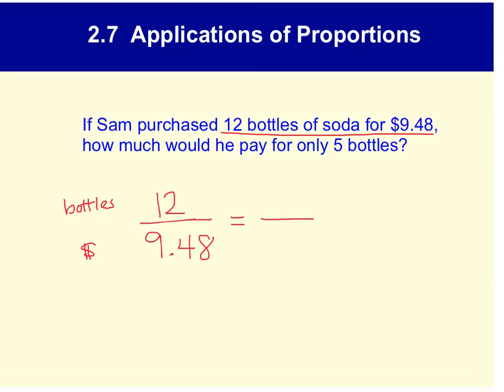How much would he pay for only 5 bottles? When you put that 5 bottles in, it's either going to go on the top or on the bottom, and the only thing you do is put it across from the one that's also bottles. So we put our bottles on the top, and since it's 5 bottles, that's where the 5 goes. And the thing we don't know is how much he would pay, so that cost is on the bottom.